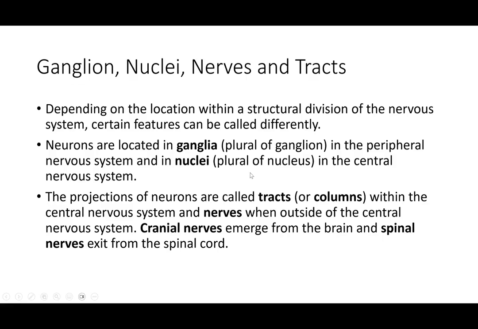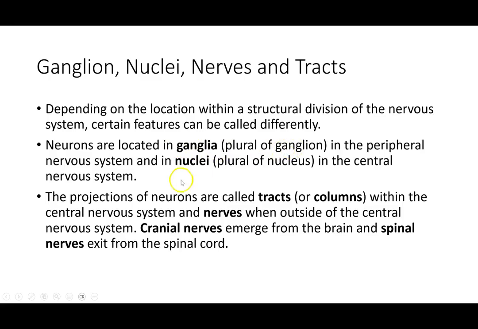So ganglion, nuclei, nerves, tracts, we've talked a little bit about these, and I mentioned a couple slides ago that the same structure can have a different name depending on where it's found within the body, and that is going to be based on its structural division and where it's located within those two different divisions. So neurons, those nerve cells, are located within ganglia, which is the plural of ganglion, within the peripheral nervous system.